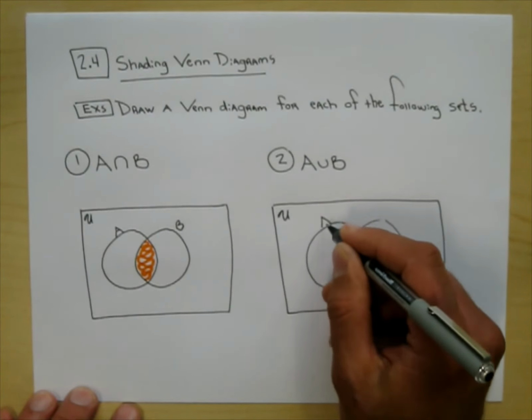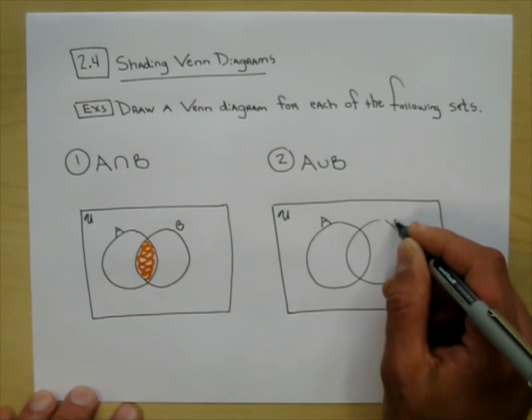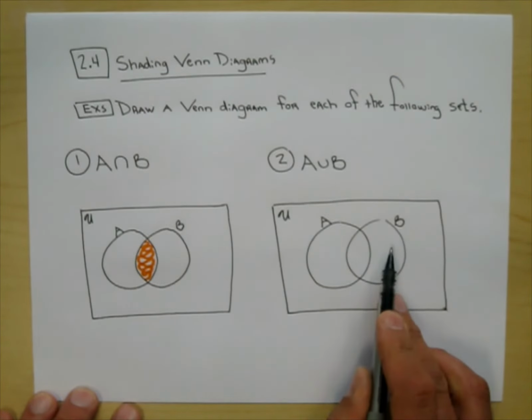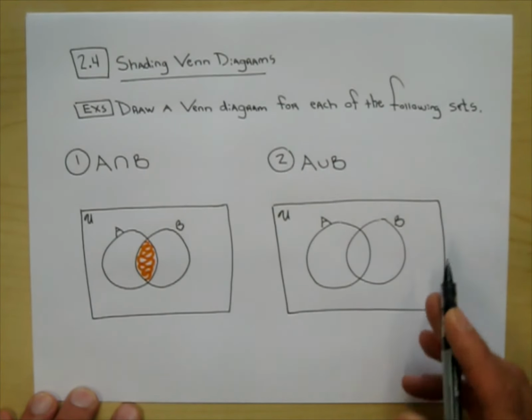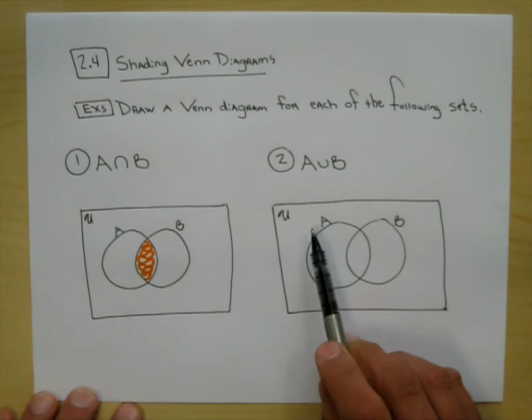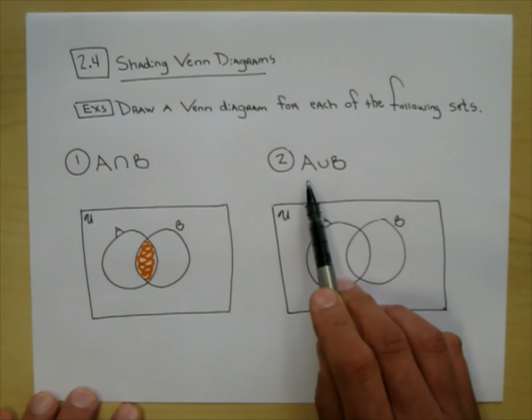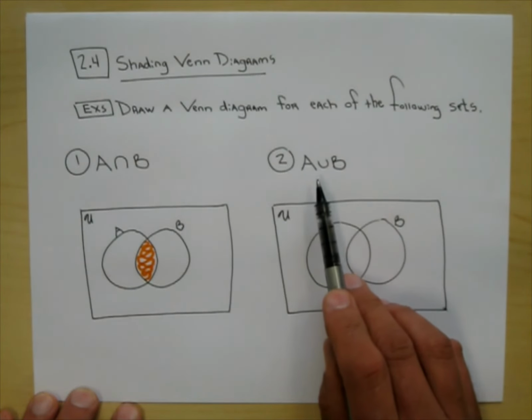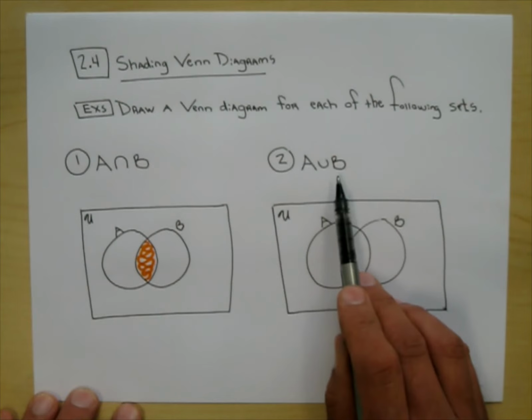I'm just in the mood to put them outside the circle. So there's A, there's B. And this is saying, shade all the places that are inside the A circle, or inside the B circle, and then this is the or both.